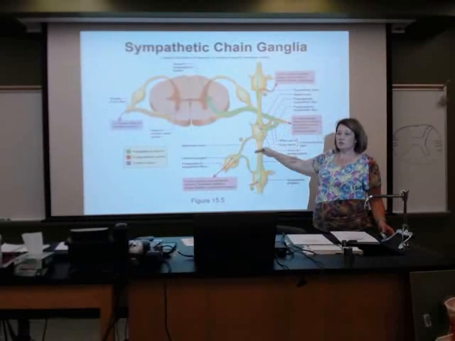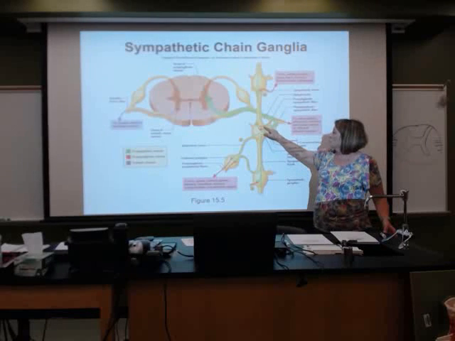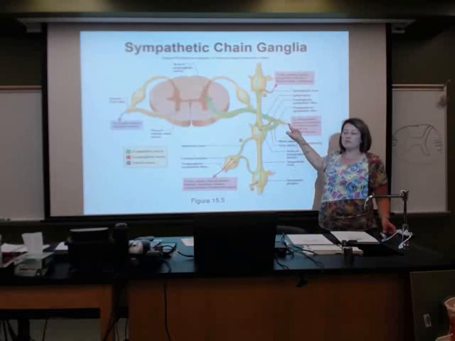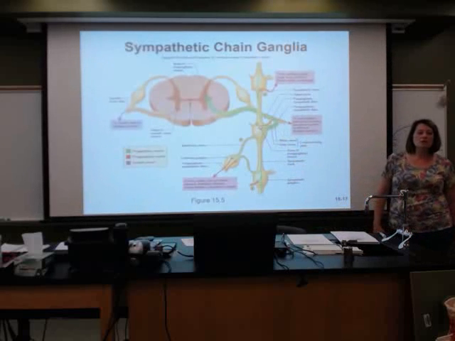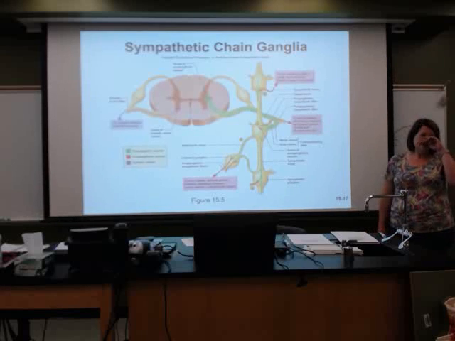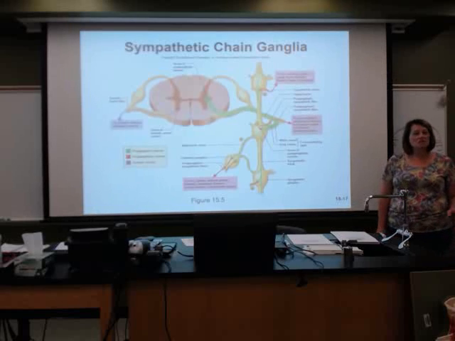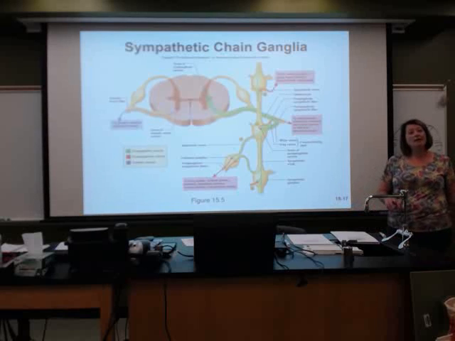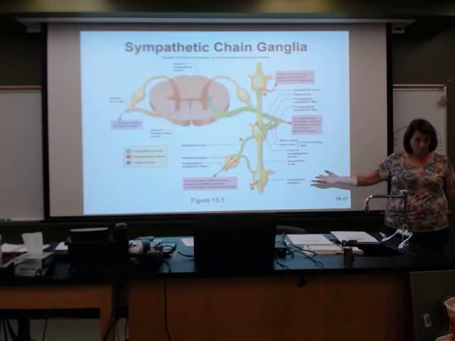Depending on what area of the spinal cord it's coming from, it will travel along that spinal nerve and create an effect, for the most part going to the skin, the skeletal muscles, and affecting those vessels of the blood flow, increasing the blood flow to those muscles, getting them ready to either fight or flee, to run.